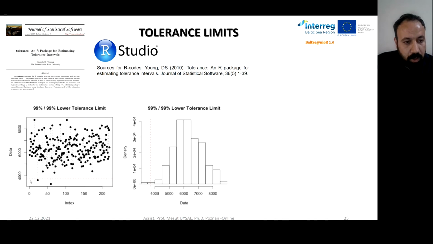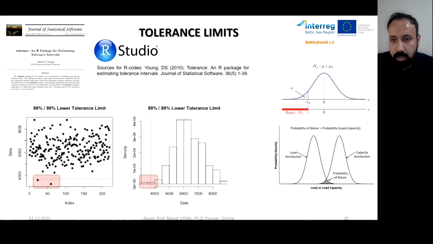The red dashed line is my lower tolerance limit. Also, I can see in the histogram that the vertical red dashed line is my tolerance limit. Let's recall that here. That's one. Which one do I choose?